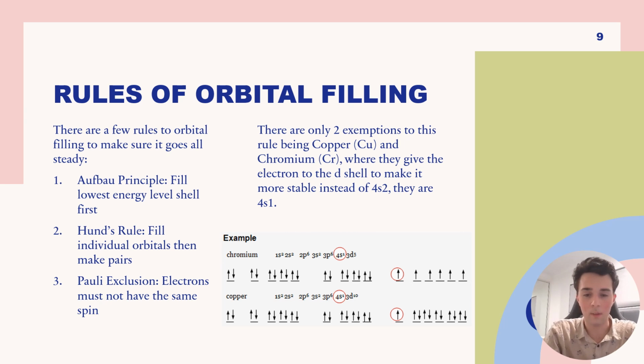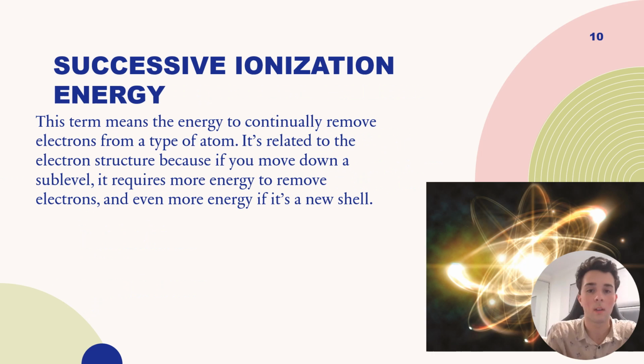Most people assume that you fill the orbital level as you go up one and then down one. But for the case of chromium, you're going to give that extra electron to that 3D shell, and same with copper. So instead of it being 3D9, you're going to form 3D10, which will be complete. And instead of 3D4, you're going to form a 3D5.